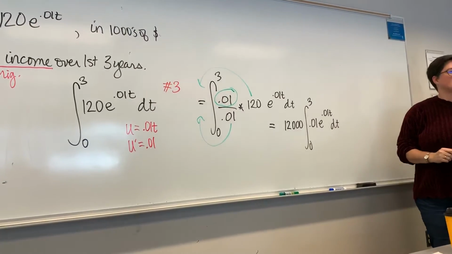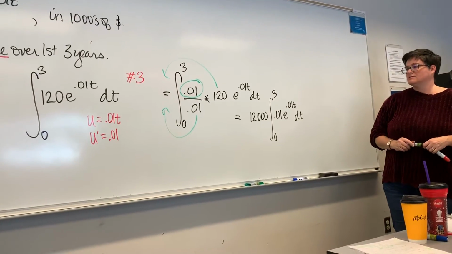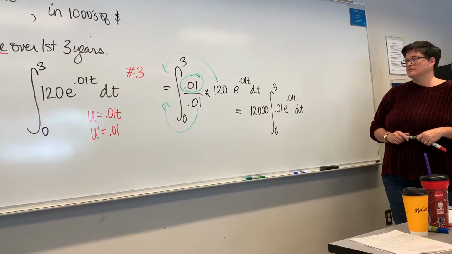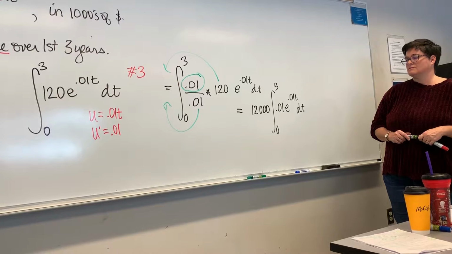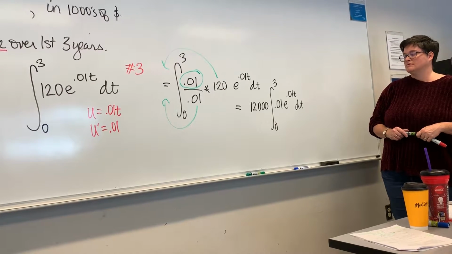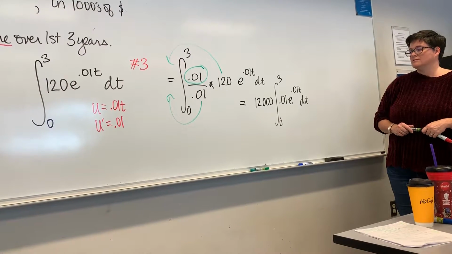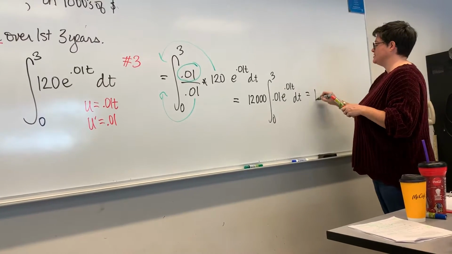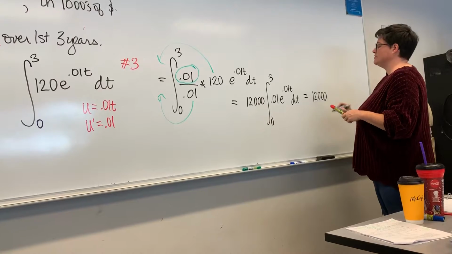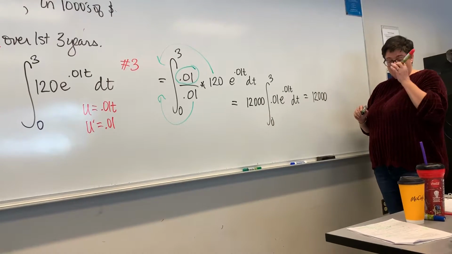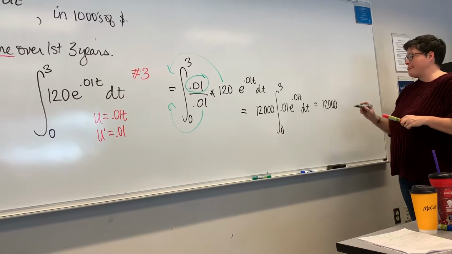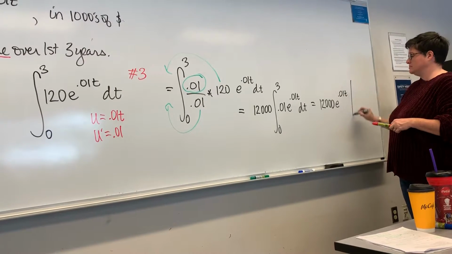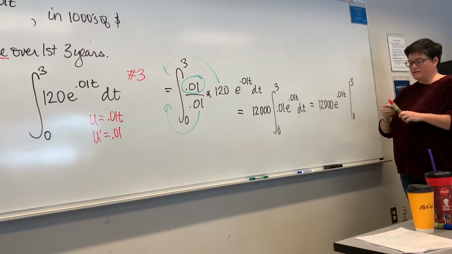So what's my integral, guys? The 12,000 stays. It goes along for the ride. It's a new constant coefficient. What does u prime e to the u become when we integrate? E to the u. And we're going from 0 to 3.